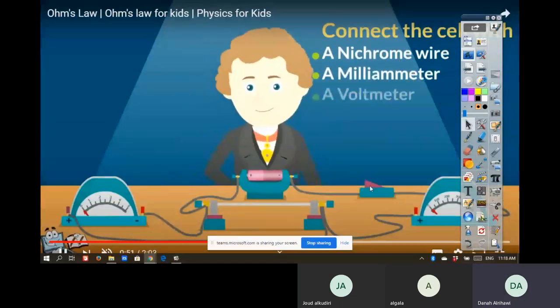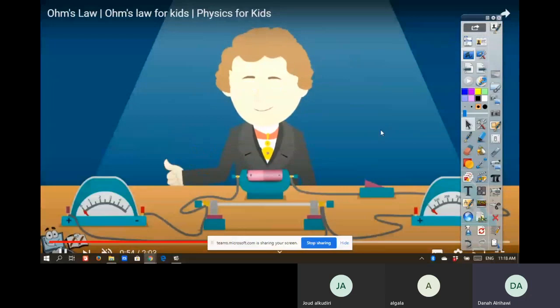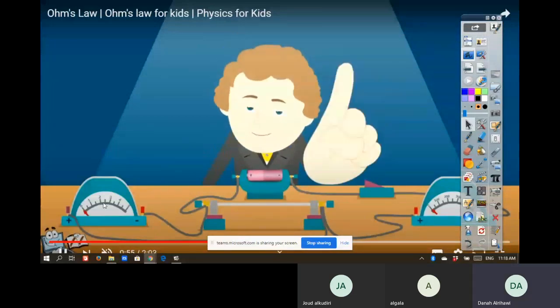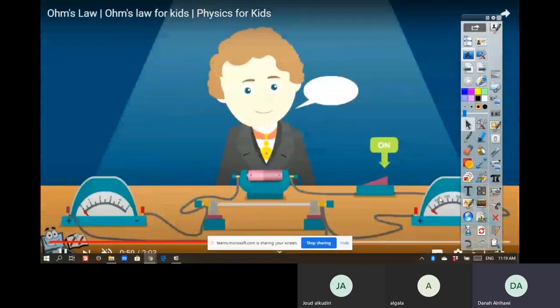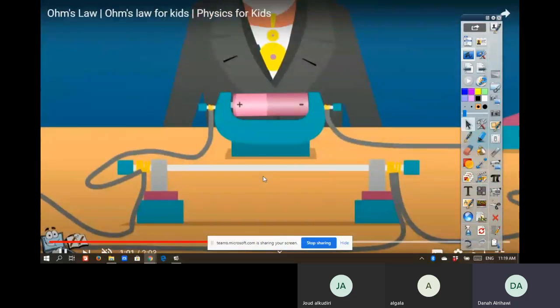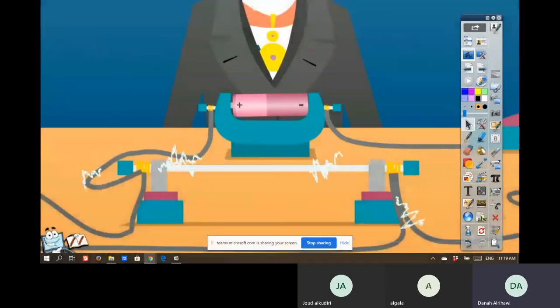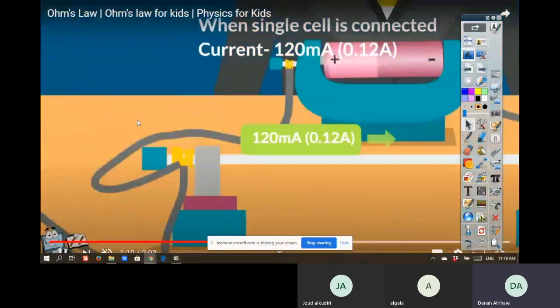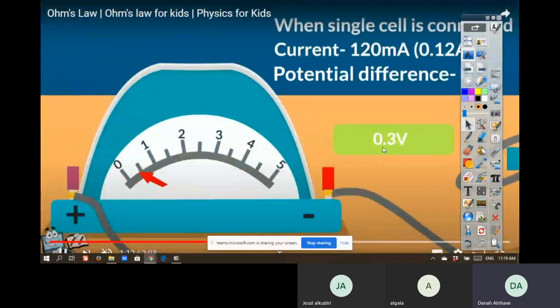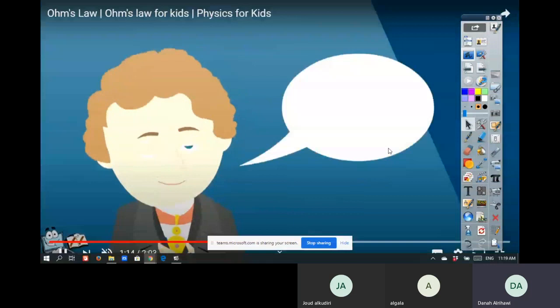He closed the switch, and he saw the voltage and also the ampere, the current. He measured the voltage and the ampere. The ampere here was 120, the current, while the voltage was 1.3 volts.